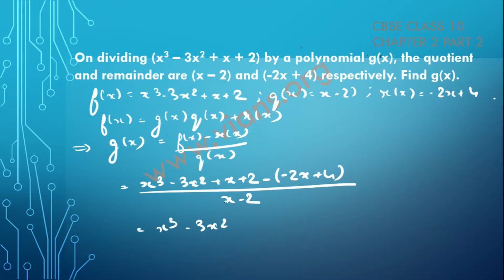Minus into minus, this was plus 2x plus x becomes plus 3x plus 2 minus 4 becomes minus 2 divided by x minus 2.